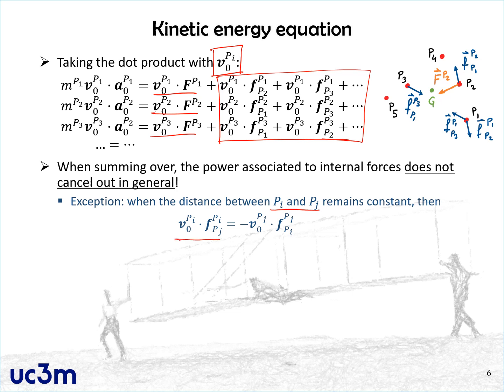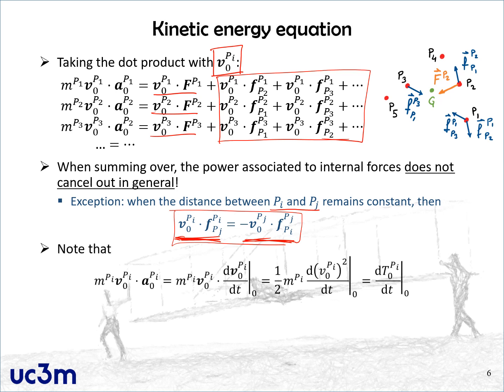Here you have the force on Pi from the interaction of Pi and Pj, and this is the power that is exerted on Pi. On the right-hand side you have the power exerted on Pj, and if the distance remains constant, the velocities must satisfy the condition such that this equation holds true. And then the contributions of the internal forces cancel out.